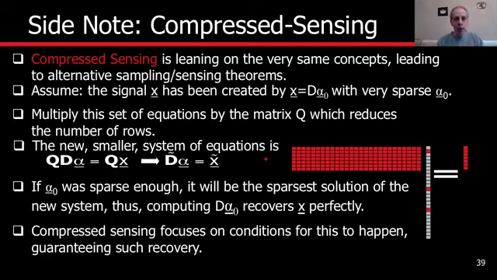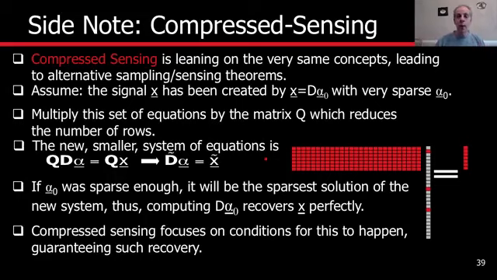Now, for what type of signals we design new sensing protocols, most of compressed sensing has been dealing with the design of new sensing protocols for sparse signals, meaning signals that can be represented with a dictionary in a sparse fashion. So those use the same type of tools, but they're very different goals.